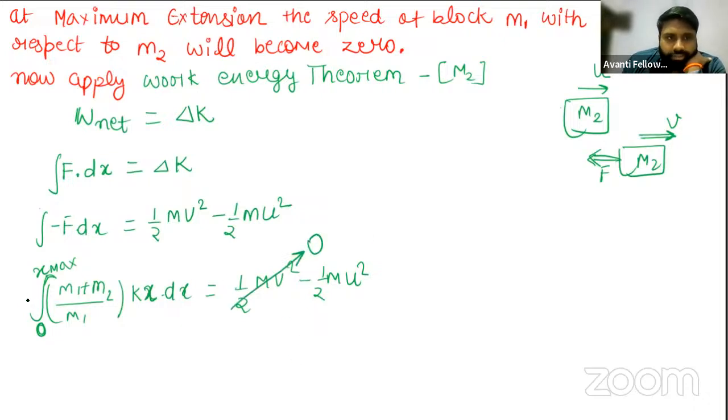And this is a minus. So you can say that minus of (m1 plus m2) by m1 times the integration of kx dx will become 1 by 2 times kx square, and this x is nothing but x max, is equal to minus of 1 by 2 times m2 u square. No, you cannot cancel this m. This is m2, m2 all the time. Okay, m2.